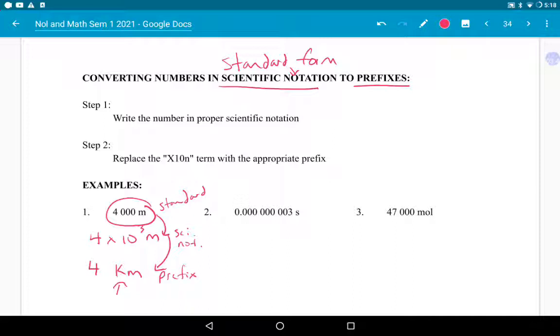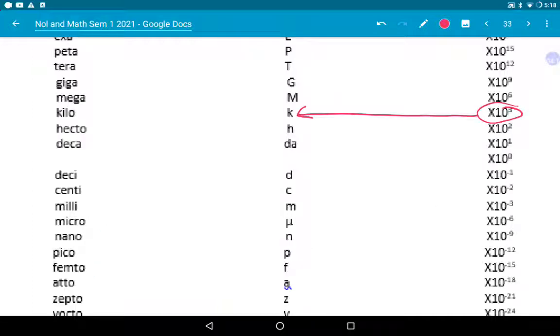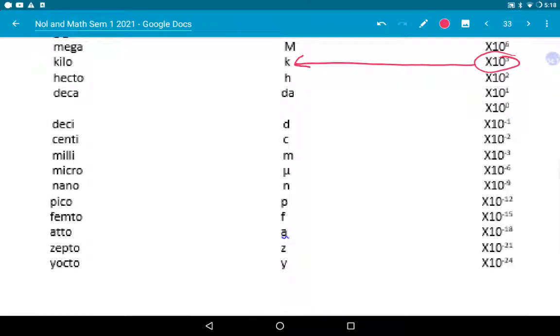And so here's just another example. Here we have 3 times 10 to the negative 9. Sorry, 9. Right? And now what we do is we look for what this is. This is a common one in physics. In physics, this is actually one of those common ones you want to remember. 10 to the negative 9 is nano.